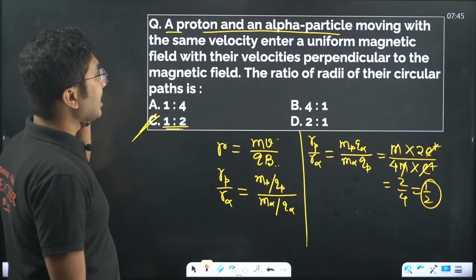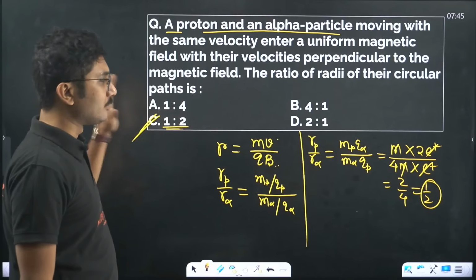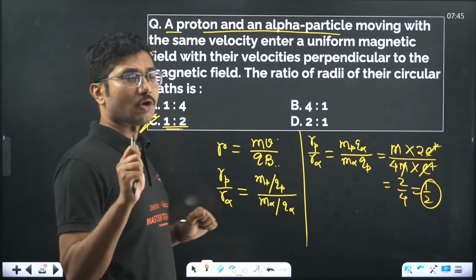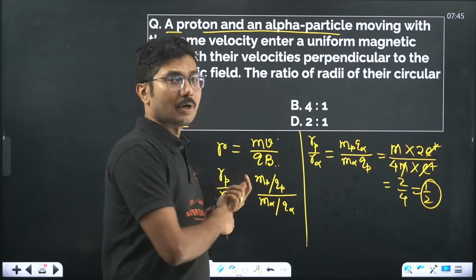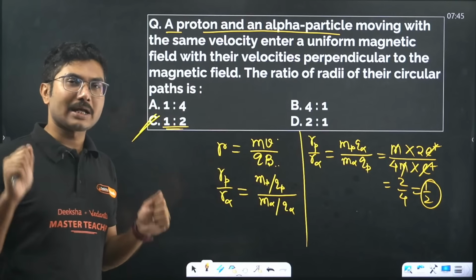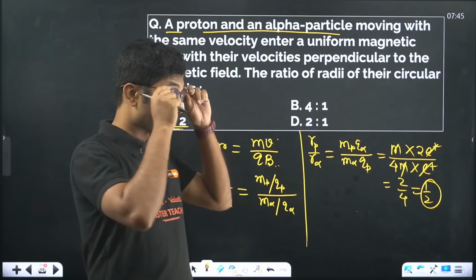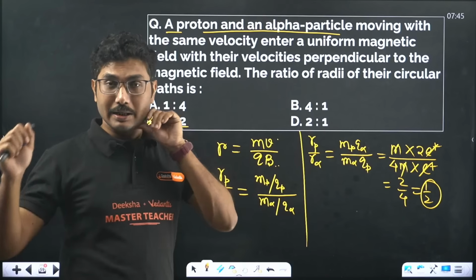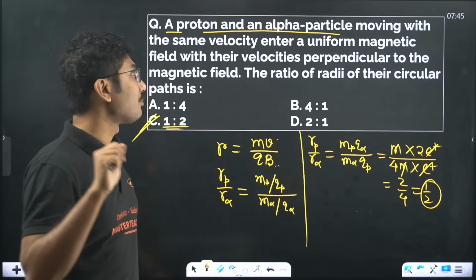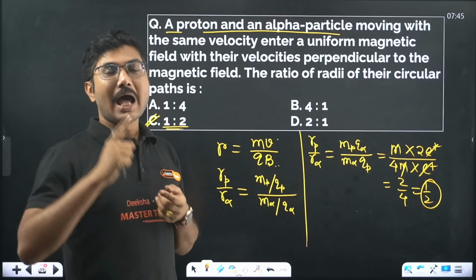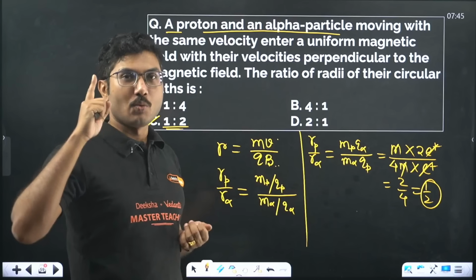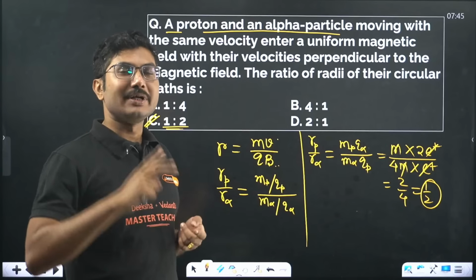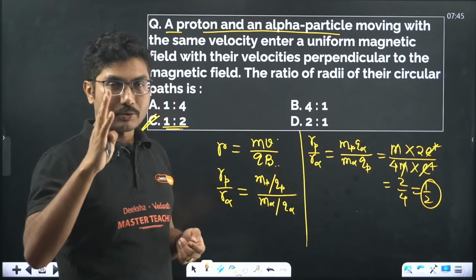A proton and an alpha particle moving with the same velocity. Proton and alpha particle based questions are common. They can come from the moving charges chapter, or from the dual nature of radiation and matter chapter as well. Whenever proton, alpha particle or deuteron comes, remember that a proton has one charge, one mass. Alpha particle has two charges, 4 mass.